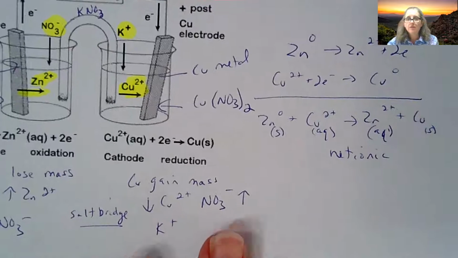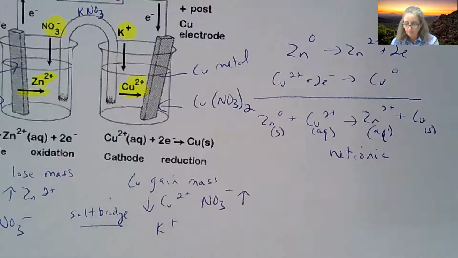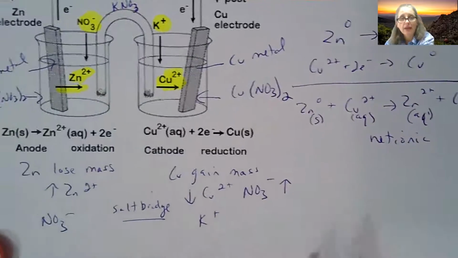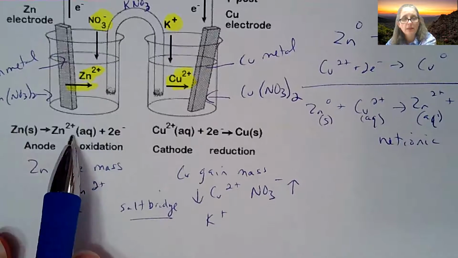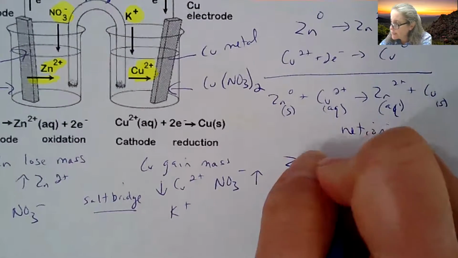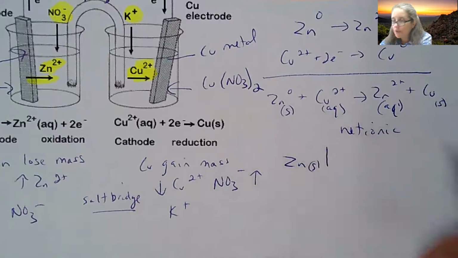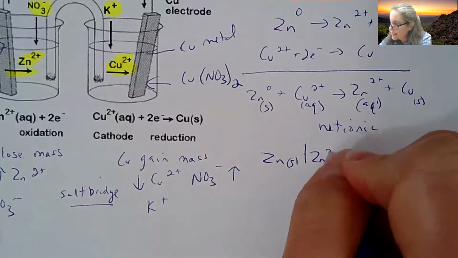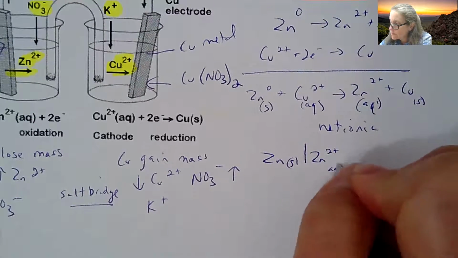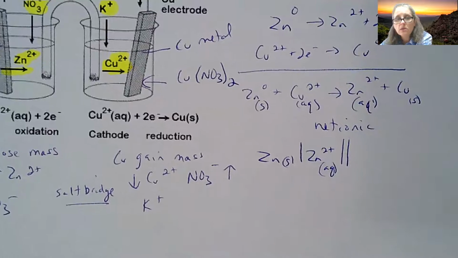So please go back to your Daniell cell, your zinc and your copper combination. We will always have the anode listed first and then the cathode listed second. The anode is where you're going from zinc to zinc ion. So I'm going to write zinc solid, a vertical line, then zinc ion aqueous, two double lines.